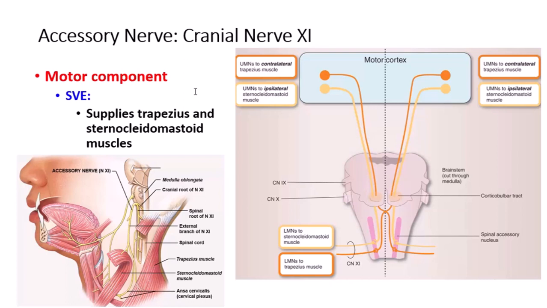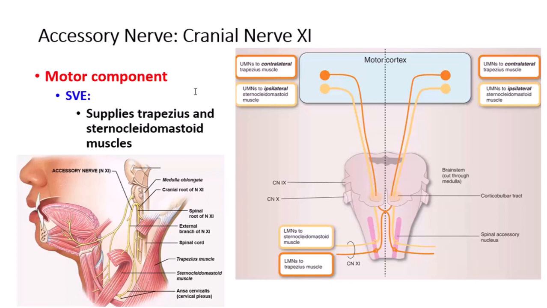If the upper part is contracting, it causes extension of the neck. If the middle part is contracting, it causes elevation of the shoulder and the retraction of the shoulder, moving the shoulder backward. And if the lower part is contracting, it causes depression, or bringing down the shoulder.